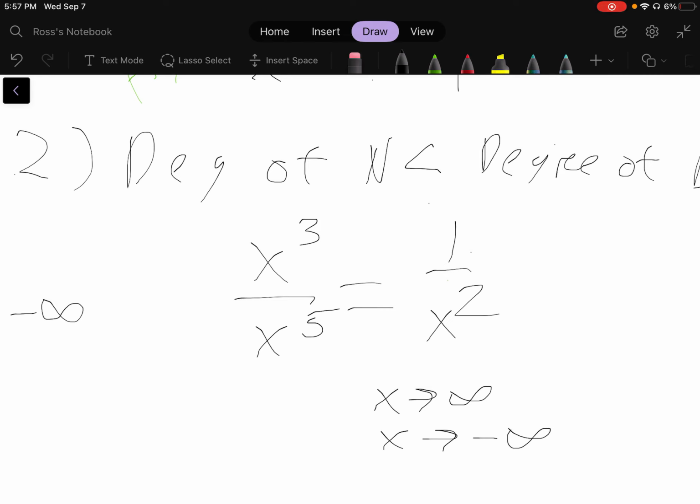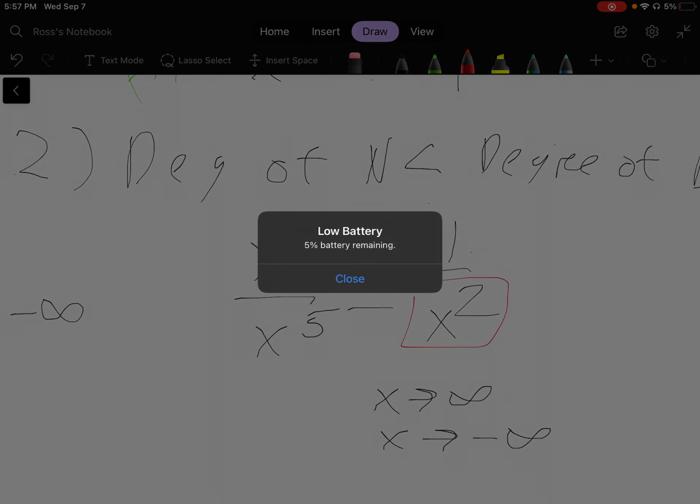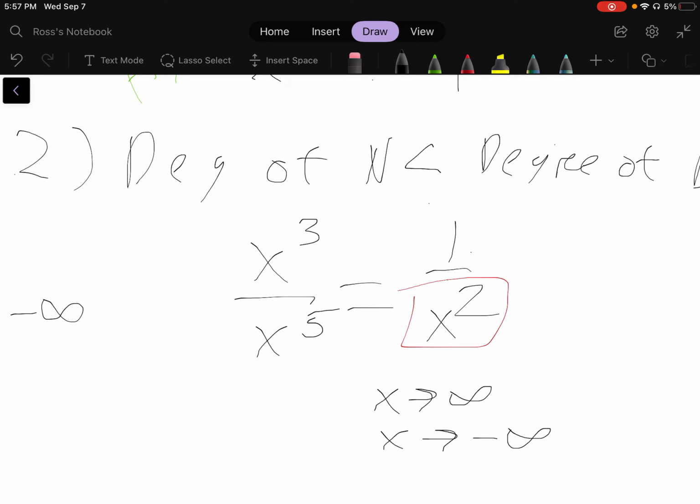We're going to end up with a very, very big number here, and we're going to be doing 1 divided by that. 1 divided by a very big number is always going to approach 0. So we're going to have an HA at y equals 0.